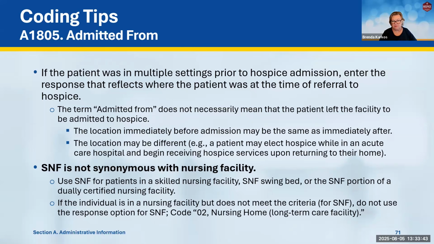And as I mentioned before, the term SNF is not synonymous with nursing facility. You would only use SNF for patients who are actually receiving skilled nursing facility care in a SNF. If they're in a nursing facility but not receiving skilled nursing, you do not use that option. You would code 02, nursing home, for long-term care facility.